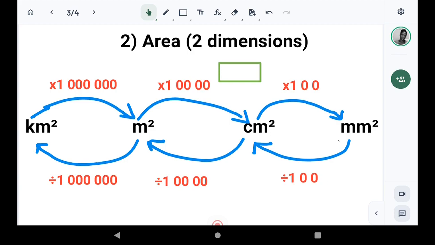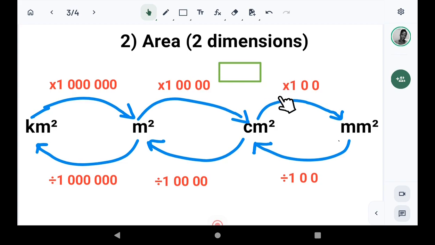Now, when it comes to converting from one unit of measurement to the other, you are now dealing with double the number of zeros you dealt with when you were converting on a one-dimensional plane. 2 dimensions, double the number of zeros.